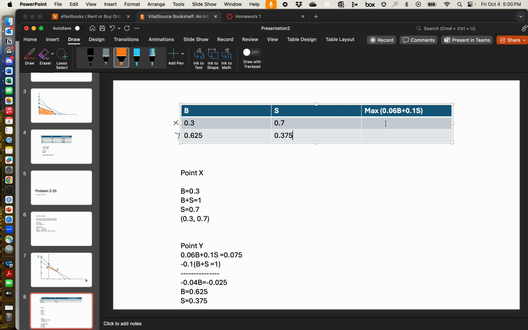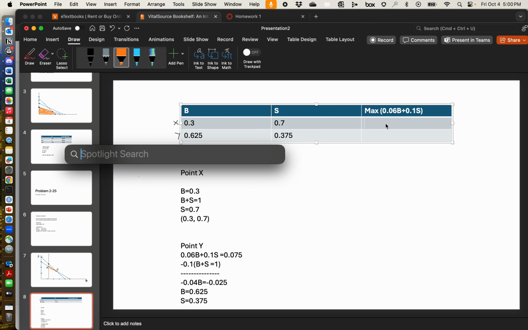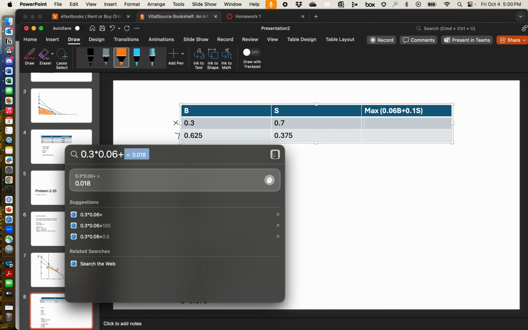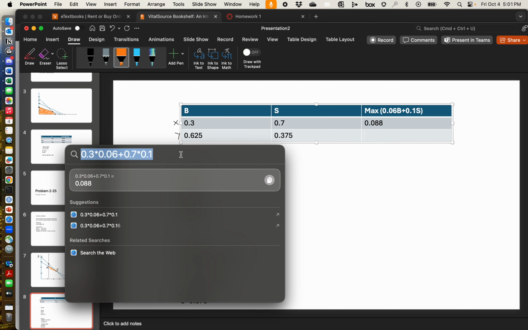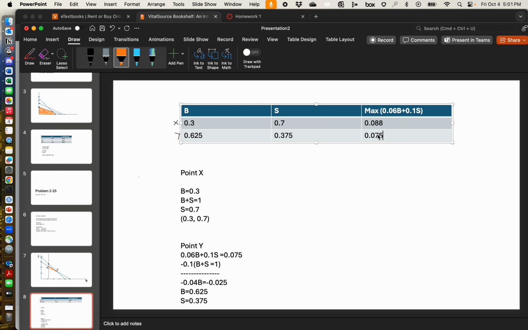So then I can calculate the optimal value for the objective function. Right. So it'll be 0.088, 0.3, 0.7, and 1, right? So it'll be 0.088, and here it's going to be 0.075, right?